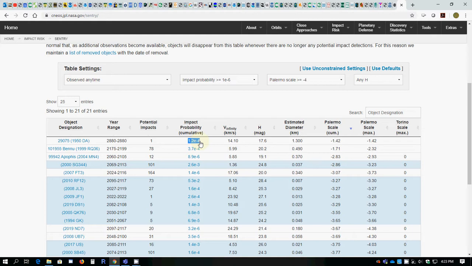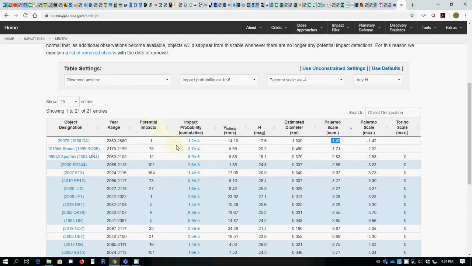So this is about 1 in 10,000 chances that it will hit. And using a complicated formula, this size object and its potential damage combined with this probability gives a Palermo scale of -1.42. So this is well below the threshold when this object would be of actual interest. So we don't really have a lot of impact event risk at this time.